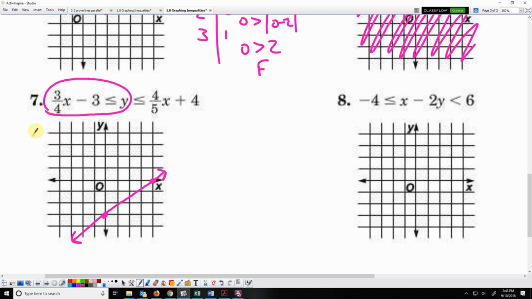And this line, if I test the origin, I get 3/4 times 0 minus 3 is less than or equal to 0. So -3 is less than or equal to 0. That is true. This line wants me to shade toward the origin, which is up.